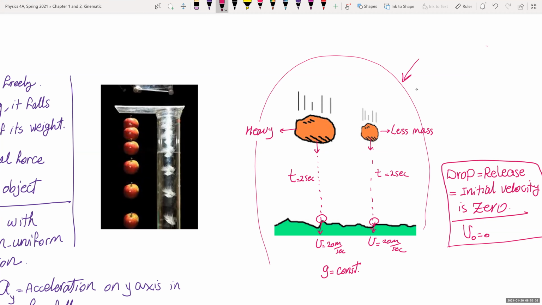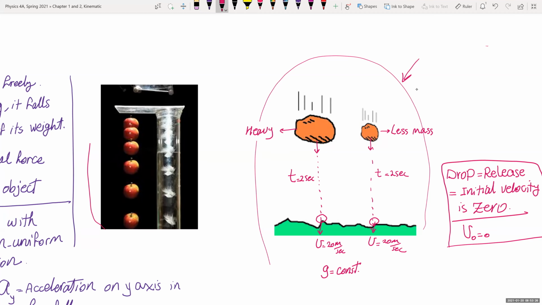They will fall both at the same time. They will hit the planet's surface at the same time with the same speed. Please remember this. Doesn't matter how heavy the object is.